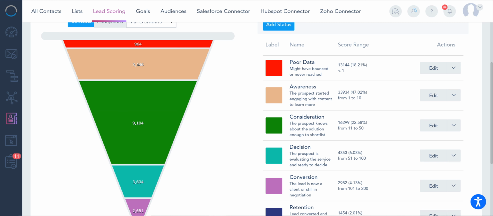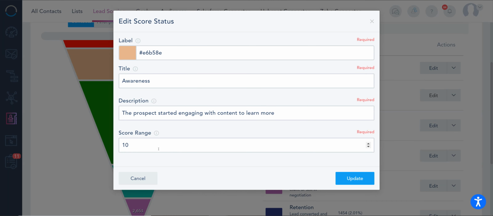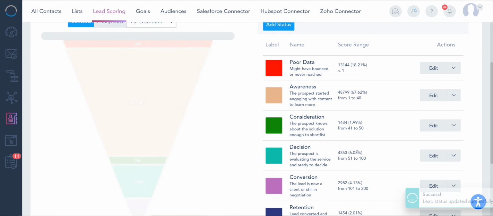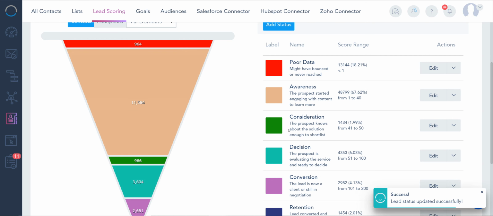Now, all of these are fully configurable, meaning I can change this from 1 to 40. And now the following consideration phase has changed. So that means in the consideration phase now, I have 966. So that impacts really how you parse your leads, and it gives you better visibility.